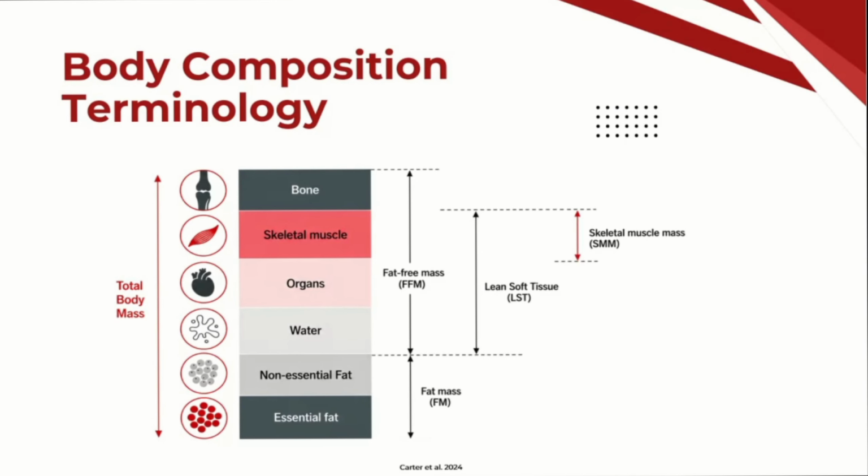So skeletal muscle mass is as it is. These names matter because terminology such as lean body mass, lean mass, and lean soft tissue are really often used interchangeably in publications and it is confusing, but they are not the same. So the preferred terminologies are the ones listed here.